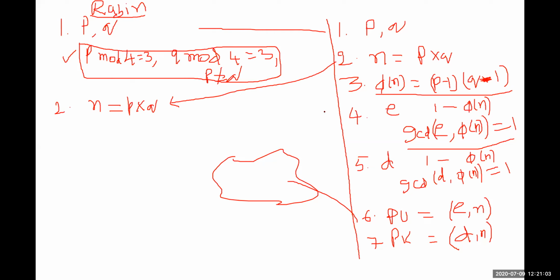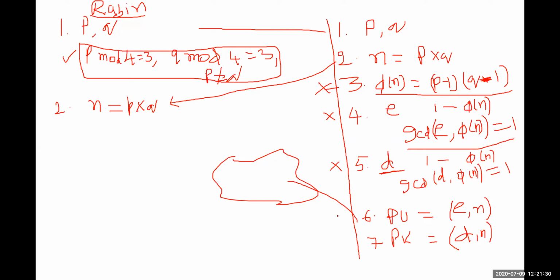The third step of RSA is eliminated from Rabin, and the fourth step is eliminated because it would be a constant value, that is 2. The fifth step is also eliminated, because D is also a constant value, that is 1 by 2, which we have already taken.